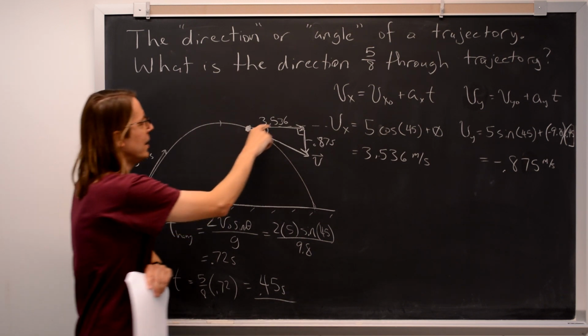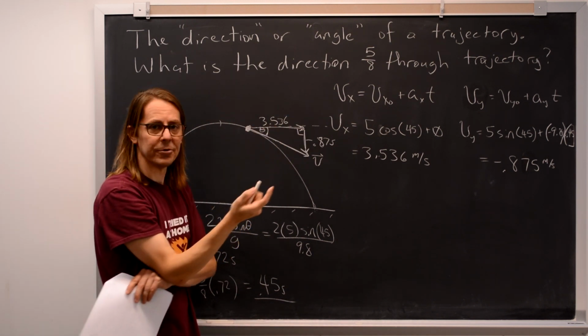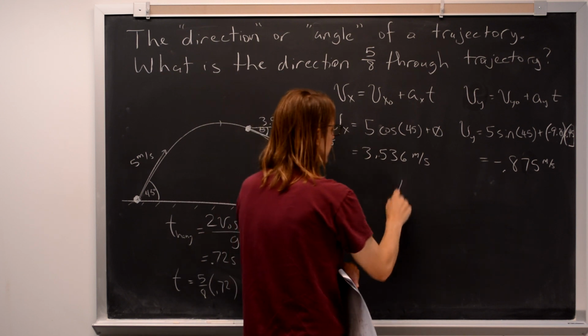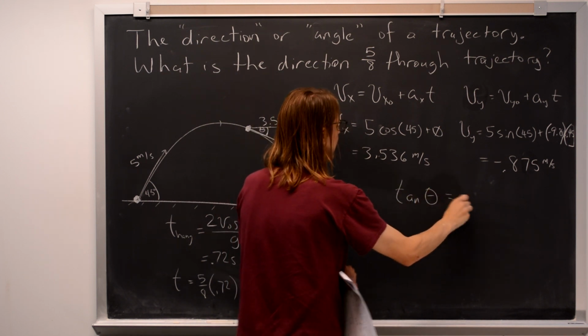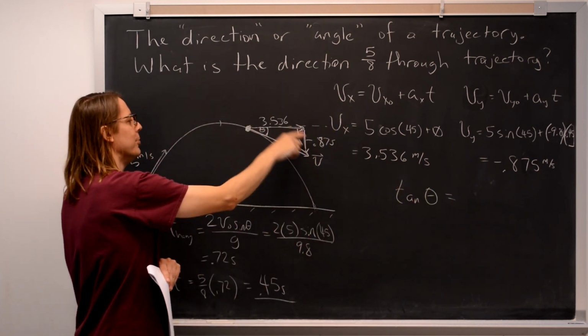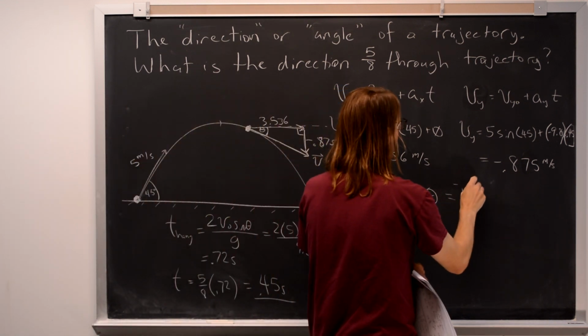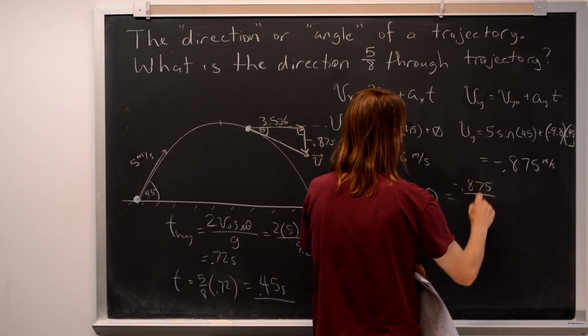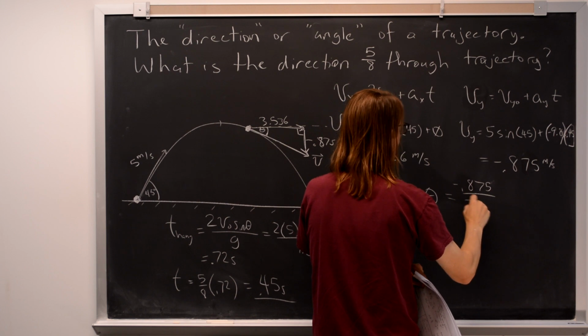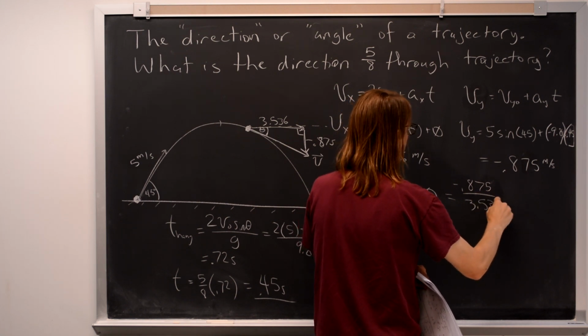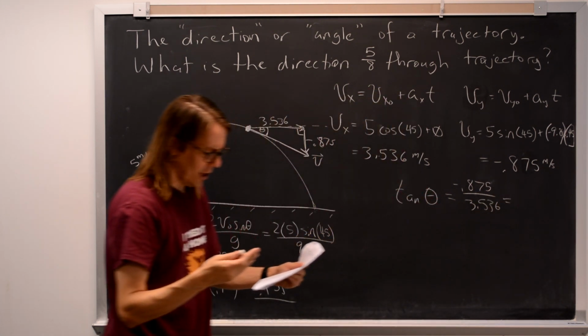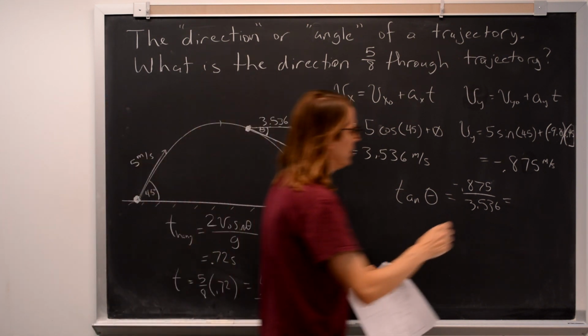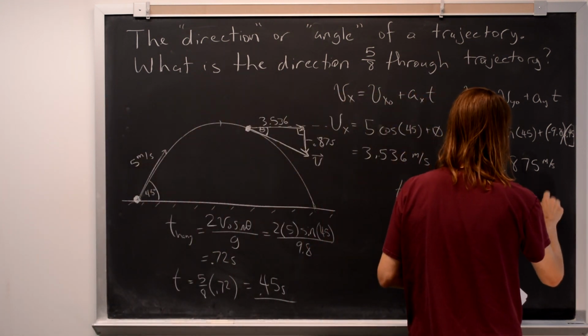We have the opposite and the adjacent sides of the triangle, so we're going to use tangent. Tangent of that angle is TOA, opposite over adjacent. So negative 0.875 over 3.536. That comes out to negative 0.247, about, depending on how you round.